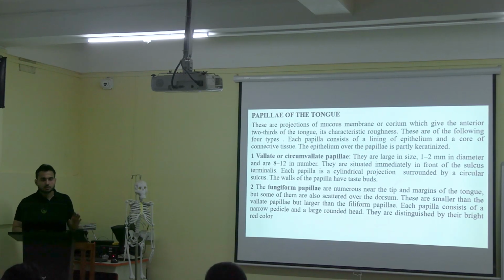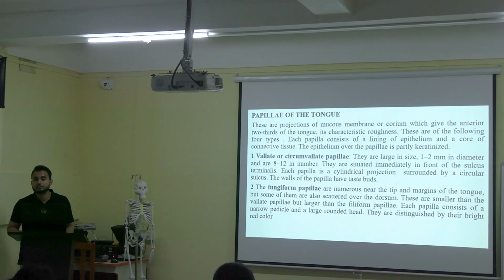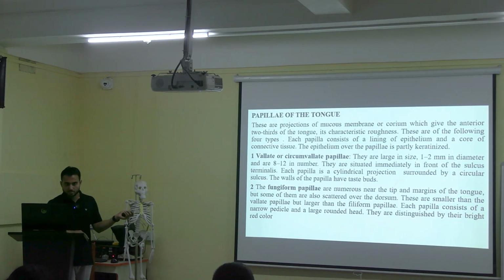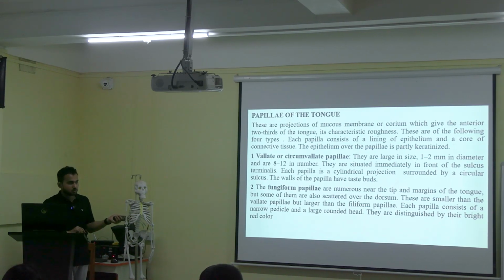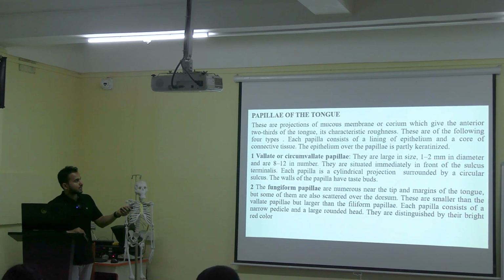Now the largest papillae present in the tongue are called circumvallate papillae. Have you studied this in physiology? I hope you have studied. See, they are large in size, 1 to 2 millimeter in diameter, and approximately 8 to 12 in number. Where exactly are they situated?